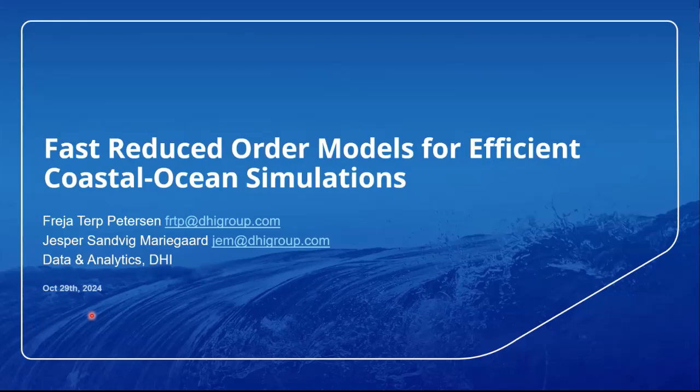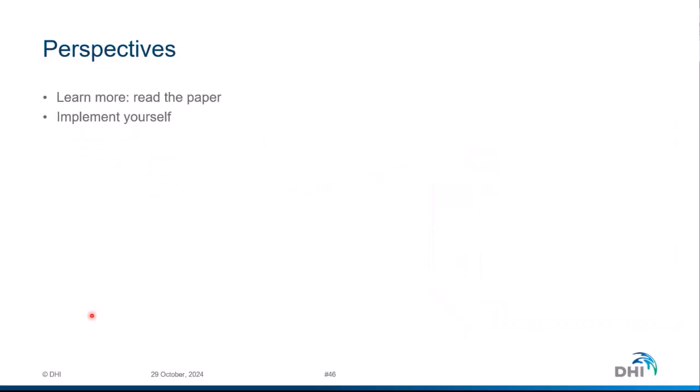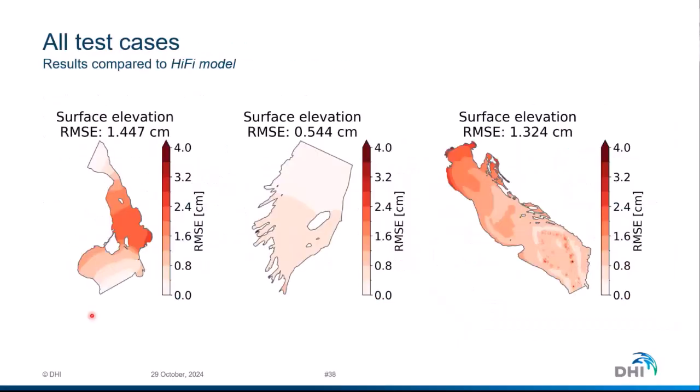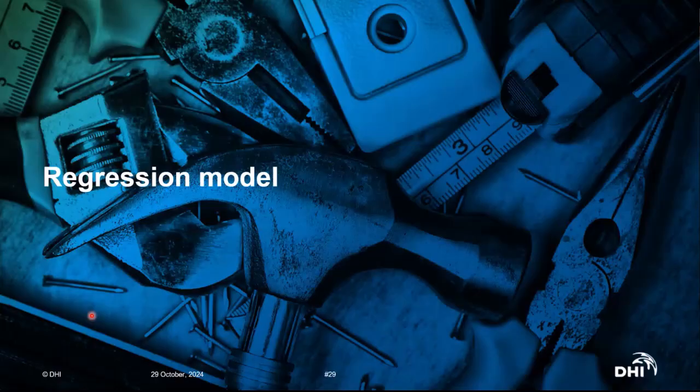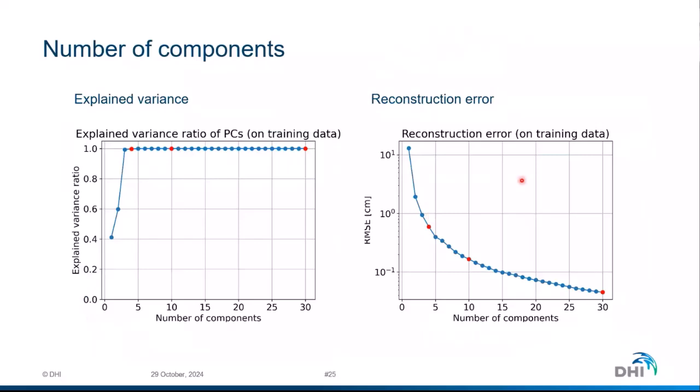as soon as the reconstruction error, maybe I should jump back to that slide. As soon as it is low enough, so I'm thinking of this slide, as soon as you have a reconstruction error that's below 0.1 centimeter, then it's mostly the regression model that's controlling the accuracy.